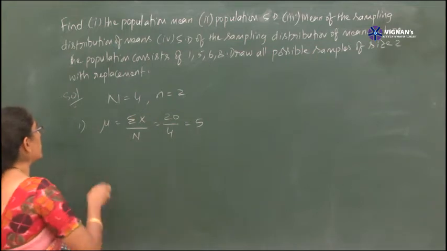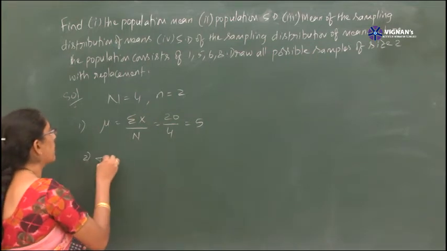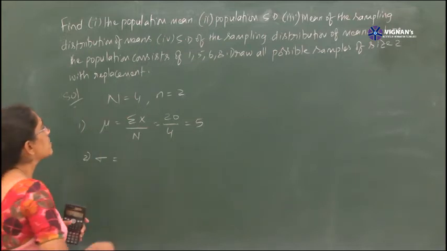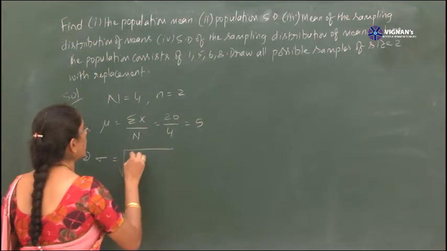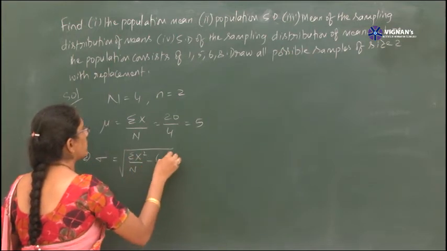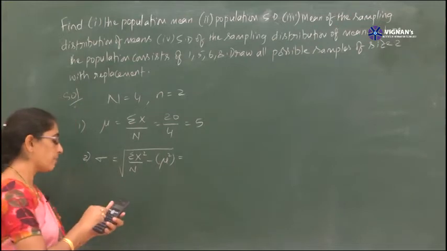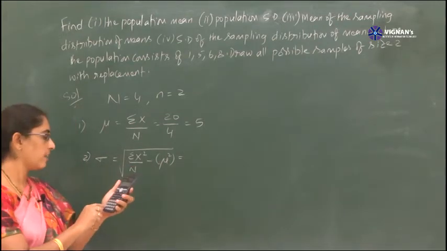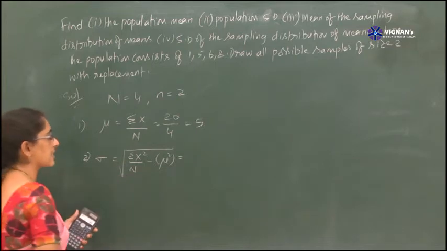The second bit we have to find is sigma, the standard deviation of the population. So it is the square root of summation x square by n minus mu square. Again press shift 1, first option, summation x square, so it is 126.